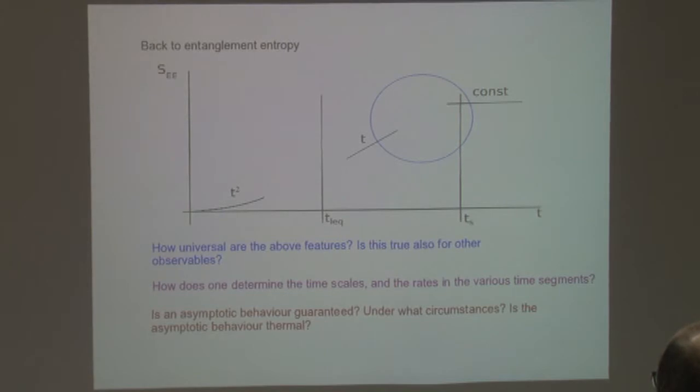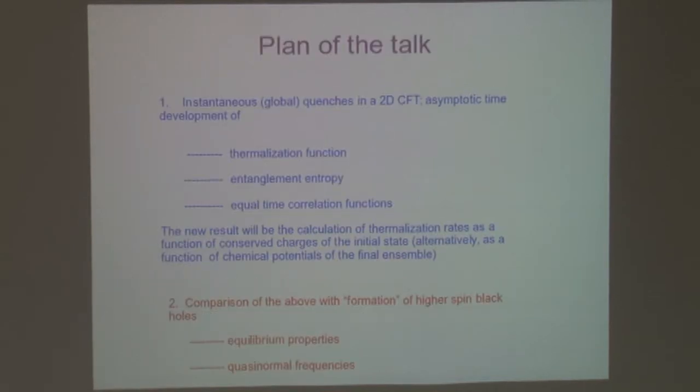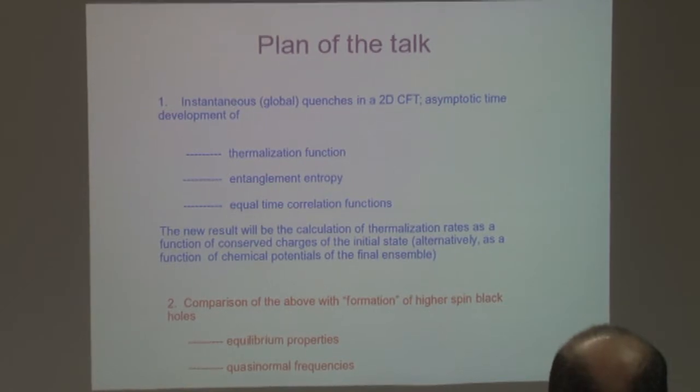And how robust are these quantities? So this is the plan of the talk. I'll basically talk about instantaneous global quenches in a two-dimensional conformal field theory, and the asymptotic time development of the thermalization function. I'll explain what I mean by the thermalization function.